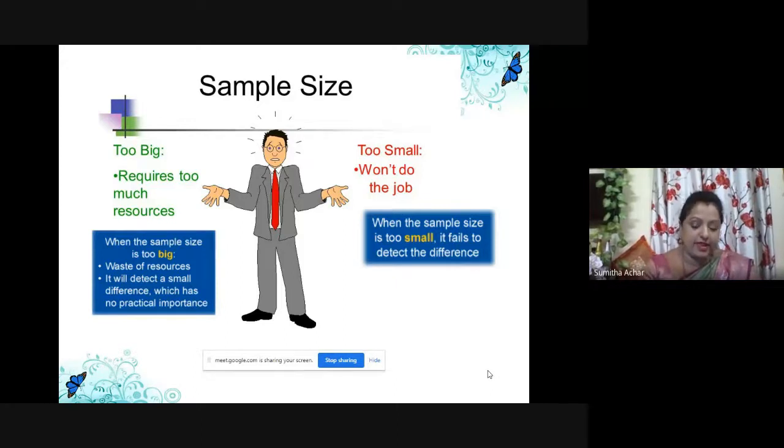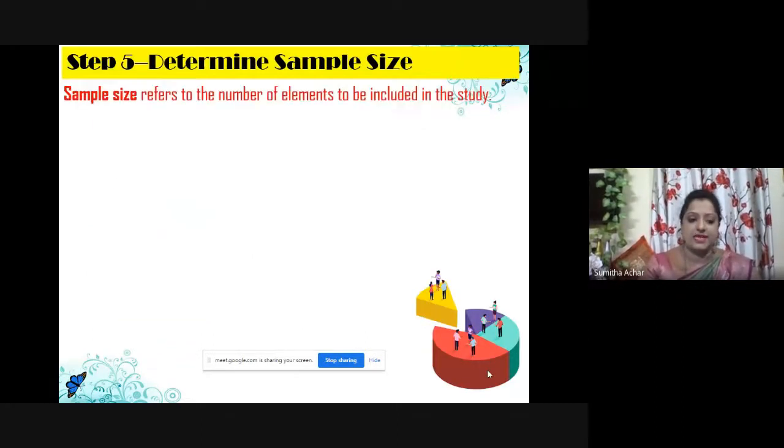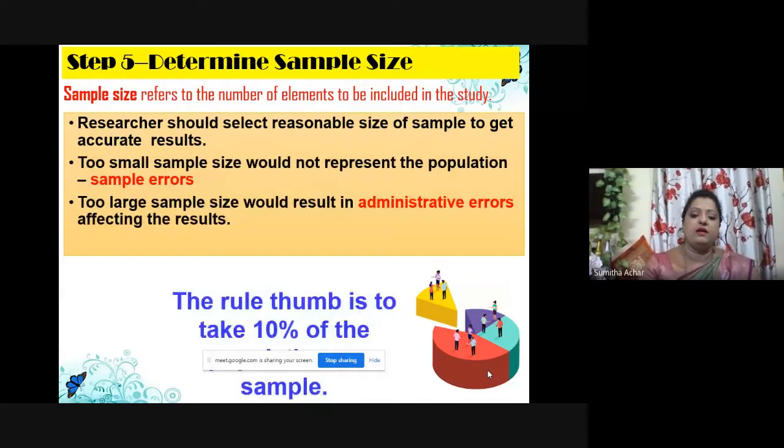Keeping that in mind, along with the objectives, the population and the samples, and keeping the parameter and the statistic within the frame, you have to take a call on deciding the sample size. If you have too many resources, you can go for big samples. When you have limited resources, you can always go for small sample sizes. But generally, when a researcher chooses the sample size, it can be 10% of the population.